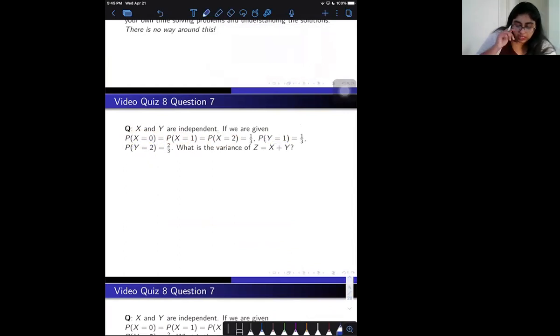If you have to tell me what the possible values are that x can take and that y can take, what would you tell me? Not the probabilities, but the actual values that x and y can take. Anyone? You can type it up in the chat if you want. Remember participation points?